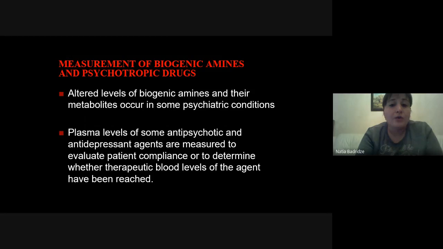And by measuring antipsychotic and antidepressant drugs, we are trying to determine the therapeutic blood levels of the medication. So this information gives us the prediction of the outcome of the different disorders.